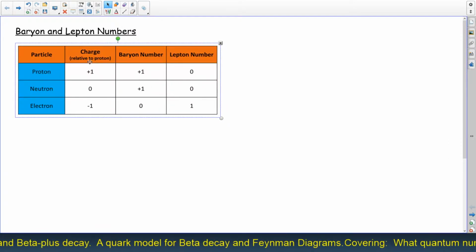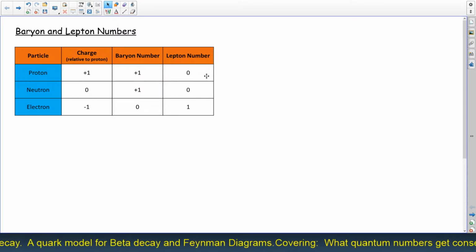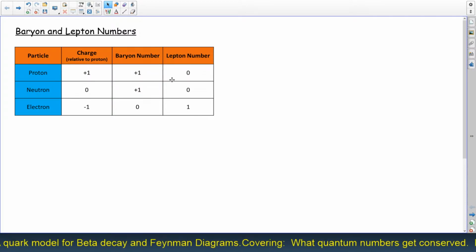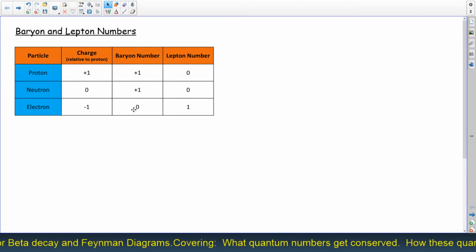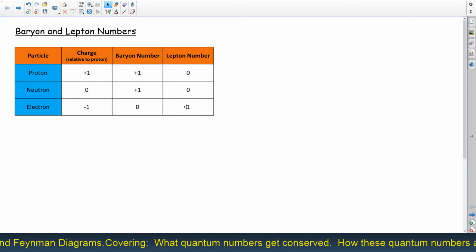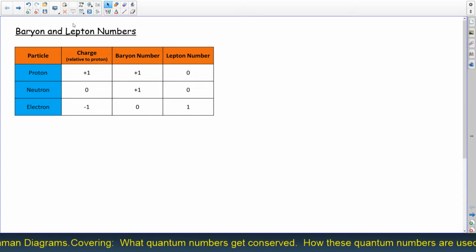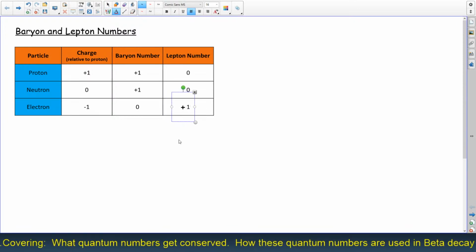Something that you've learned probably since about 3rd year, I would imagine. But notice that our proton or neutron have lepton number of 0 because they're baryons, not leptons. And our electron here has a charge of -1, a baryon number of 0 because it's a lepton and hence has lepton number of 1. Technically, it should be lepton number of +1. I should add that in just for completeness, so we'll put a plus there.